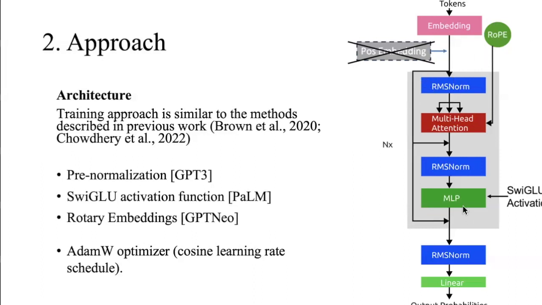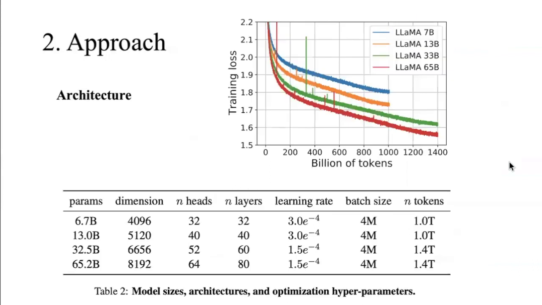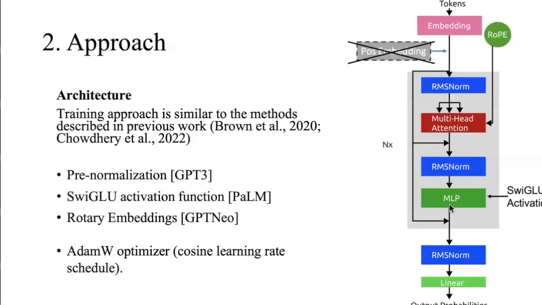The decoder blocks mainly have two modules: the self-attention module, and then the multi-layer perceptron, the densely connected layers. And then the final one is a linear mapping to predict the probabilities of the next token. So that's a general decoder structure.